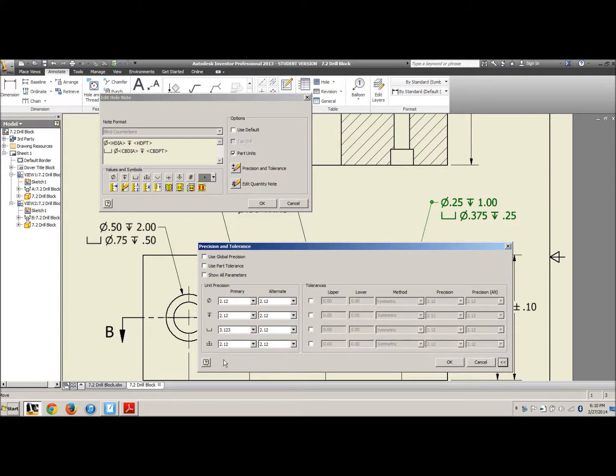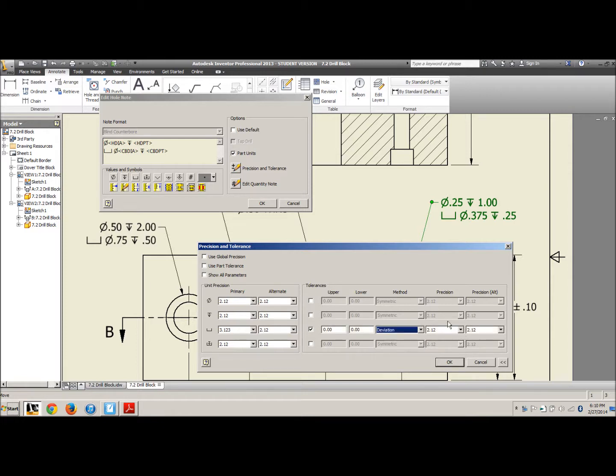I got to open that up, and then I'm changing the tolerance of the counter bore to be unilateral, which, what's that going to be? A max. A deviation.